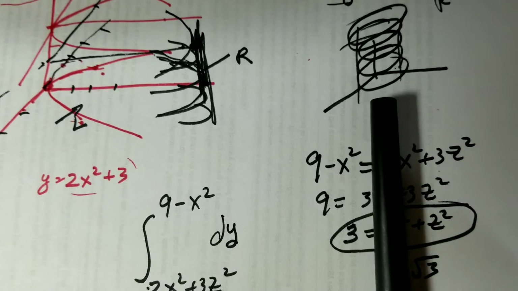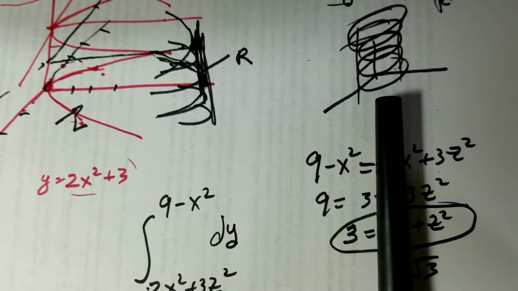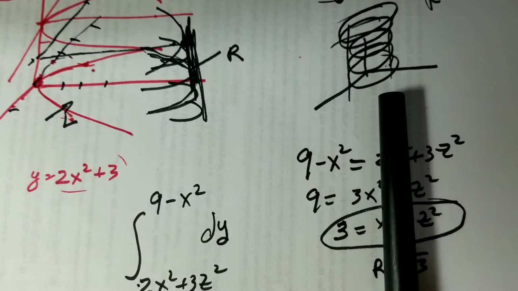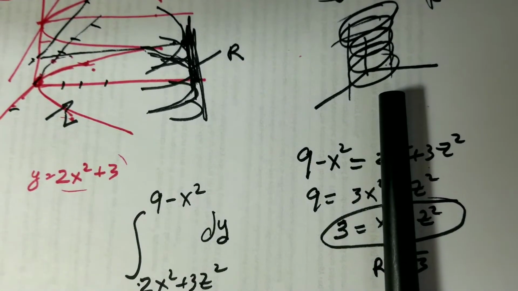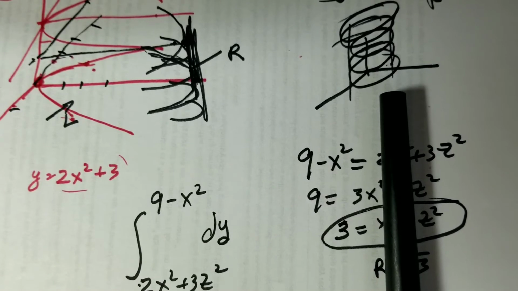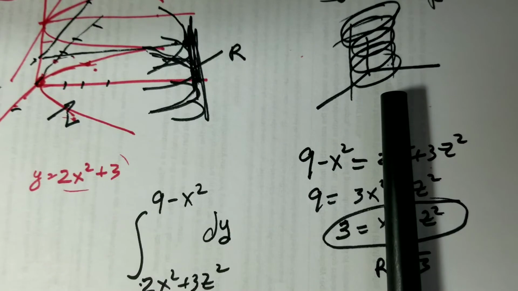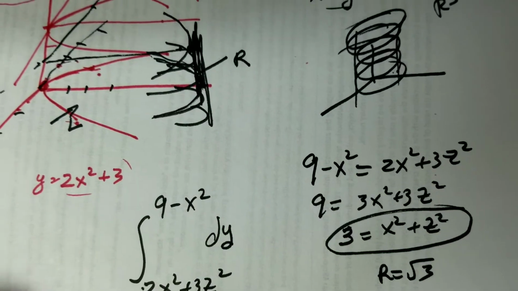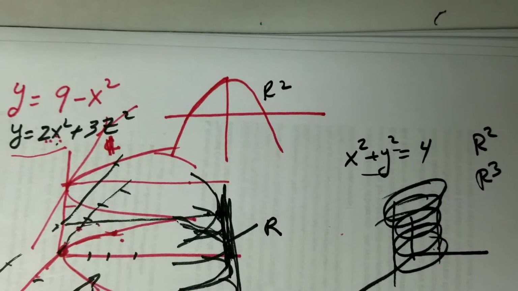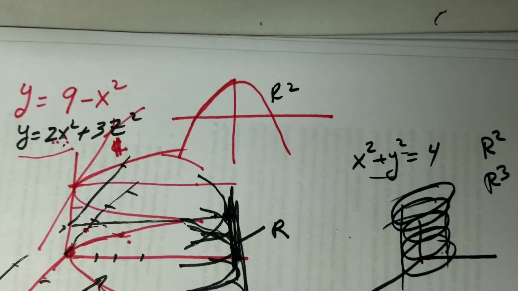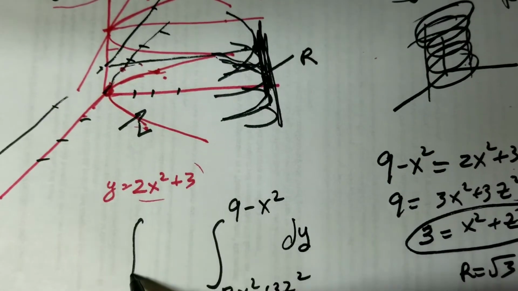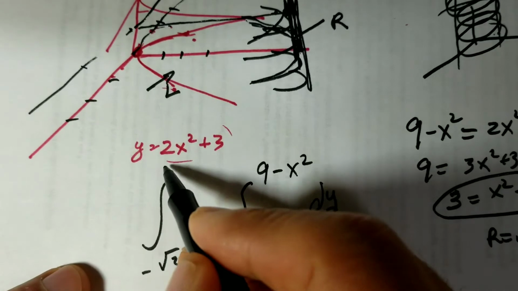I take my z fixed, and I say my z is from radical 3, because my r is the square root of 3. Okay. Therefore, my z is going to go from negative radical 3 to the square root of 3.